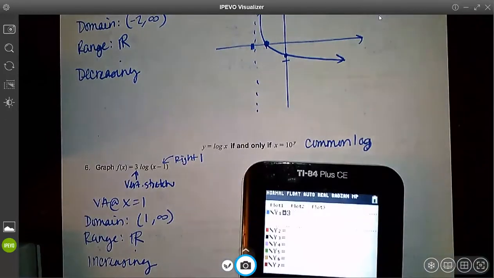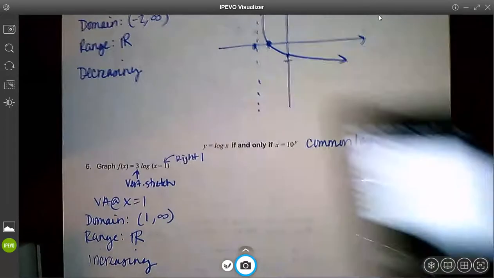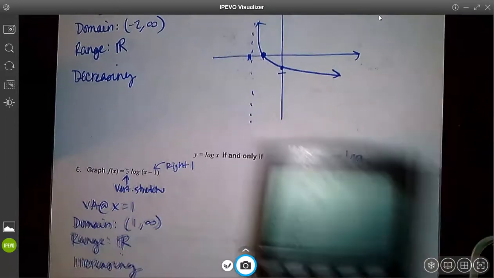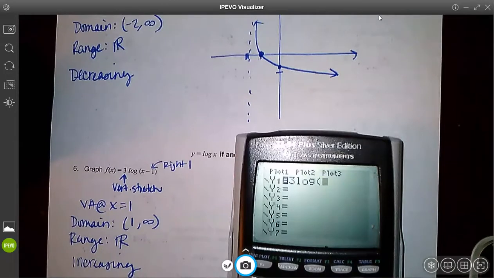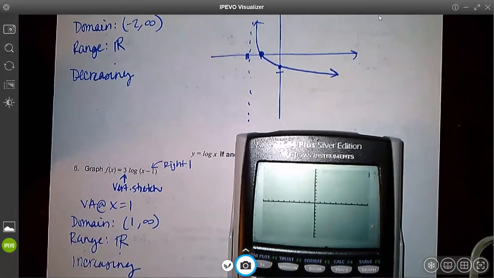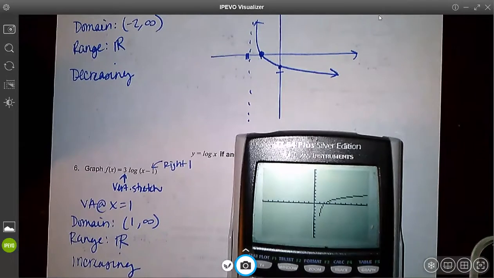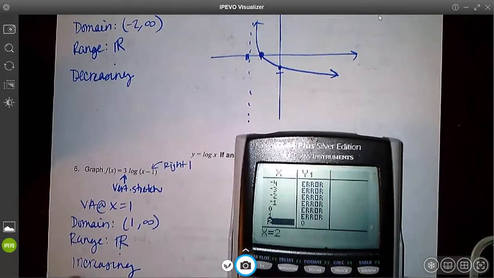So 3 times the common log of x minus 1; you can choose the log button on your calculator. And it's going to look like this. So I'm going to look at my table for some points. We have the point 2, 0.